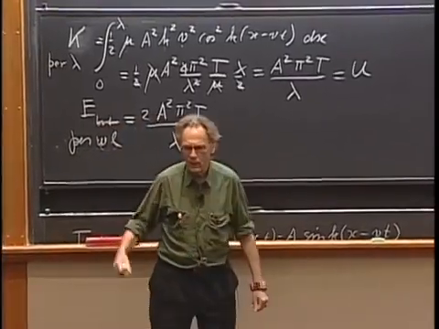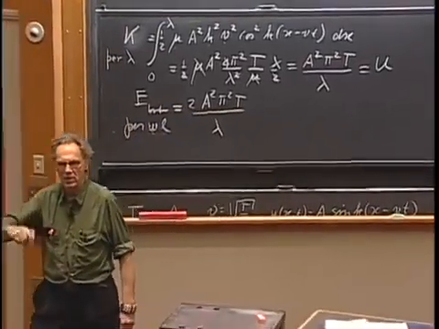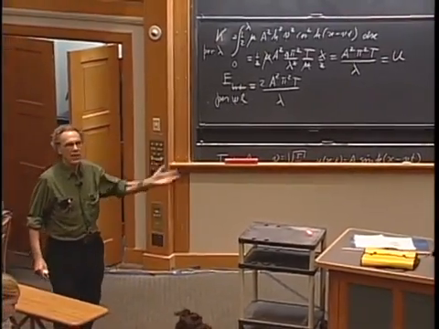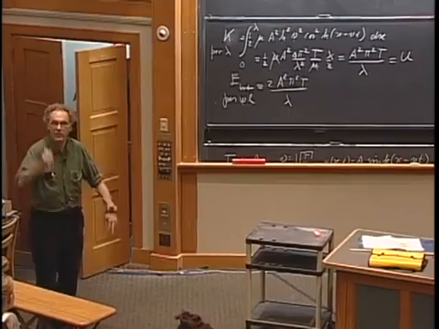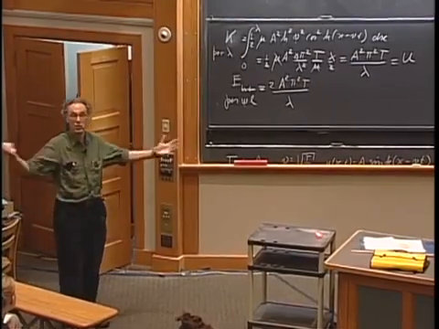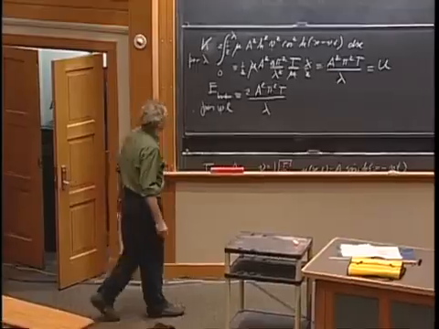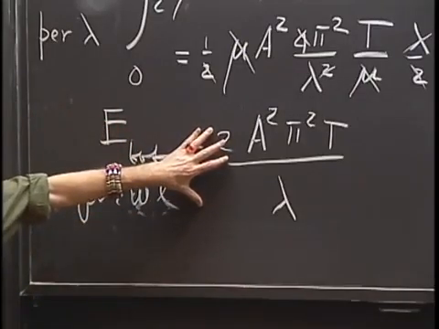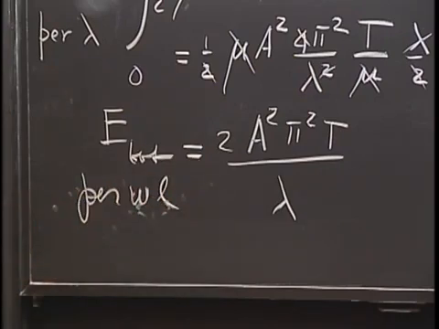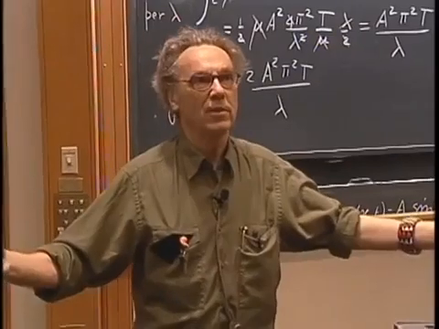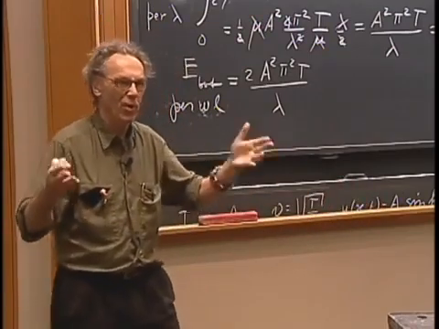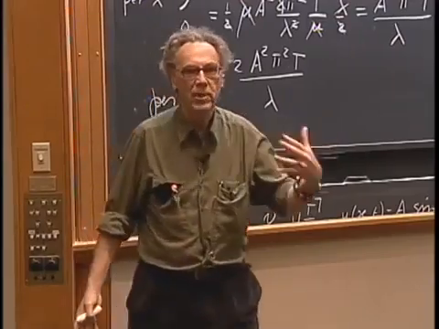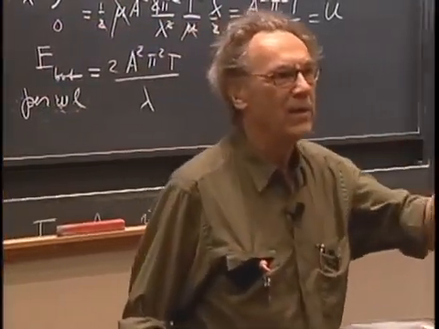Now suppose I am generating this wave. I'm standing somewhere and I'm wiggling this. Then I have to generate this energy for every period that I go through, because in one period I generate one wavelength. So if I divide this by the time for one oscillation, then I have the average power over one oscillation. Now the period of an oscillation we normally call T, but I don't want to have another T because I already have a T, so I call the period of the oscillation 2 pi divided by omega.